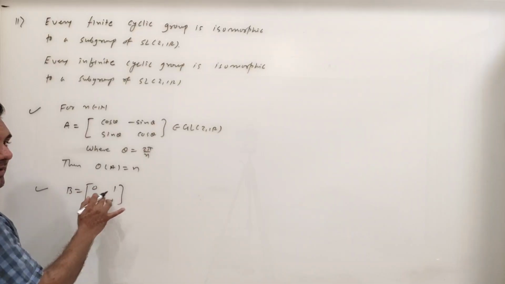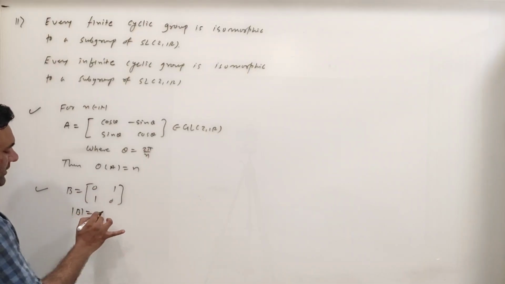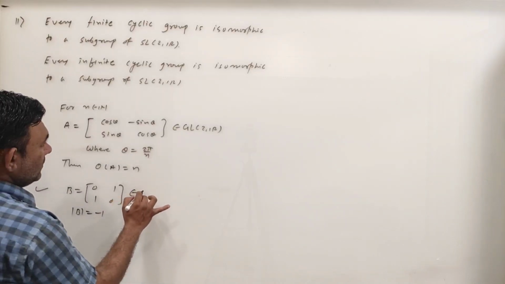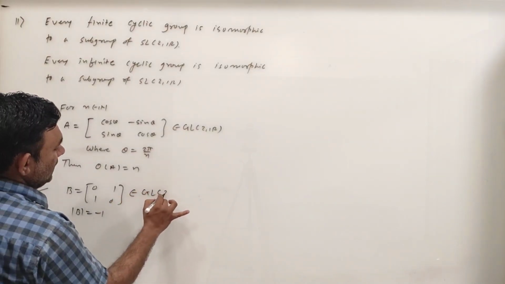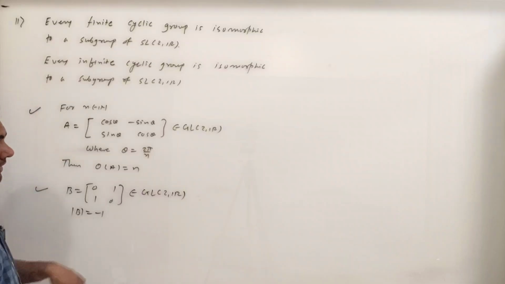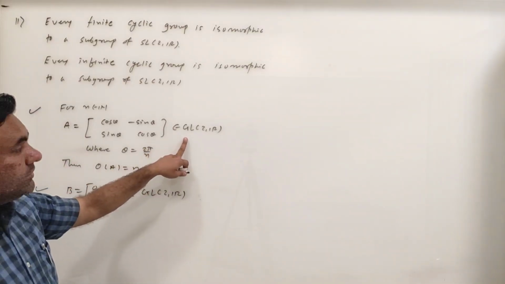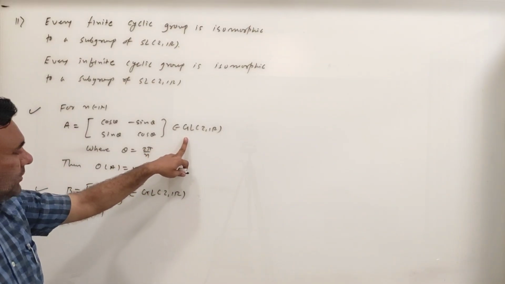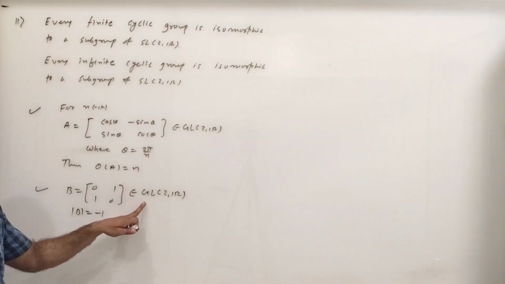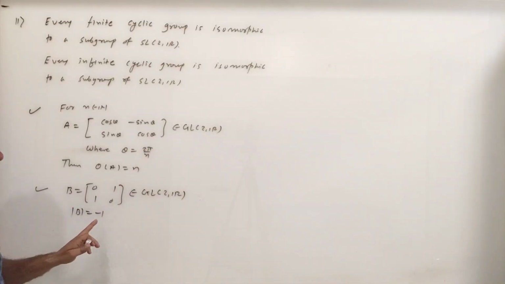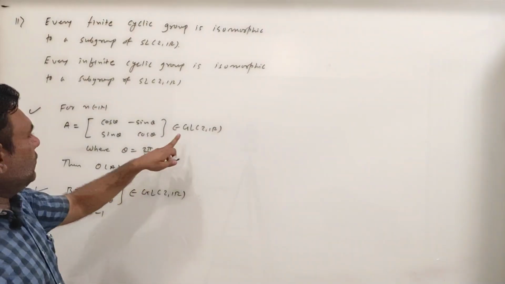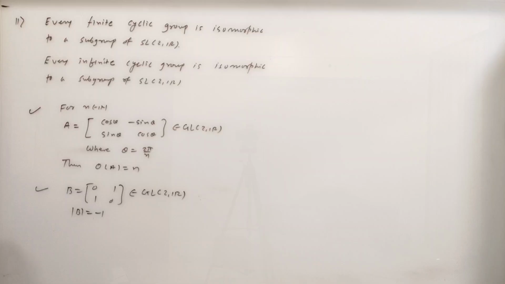It is 0 minus 1, so the determinant of B is negative 1. So it is an element of GL2R. Why have I changed here G instead of S? Because this element is of GL2R, not of SL2R, because its determinant is negative 1. That's why I have changed it here, because I want both the elements in the same group.